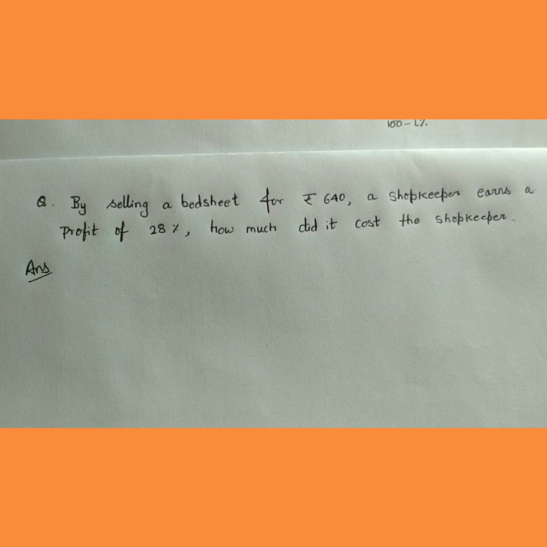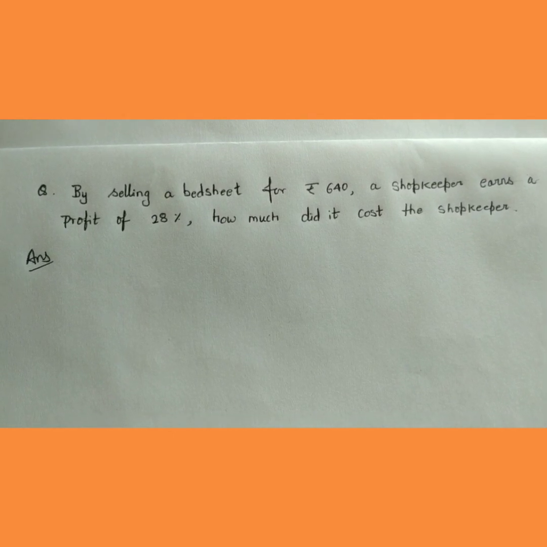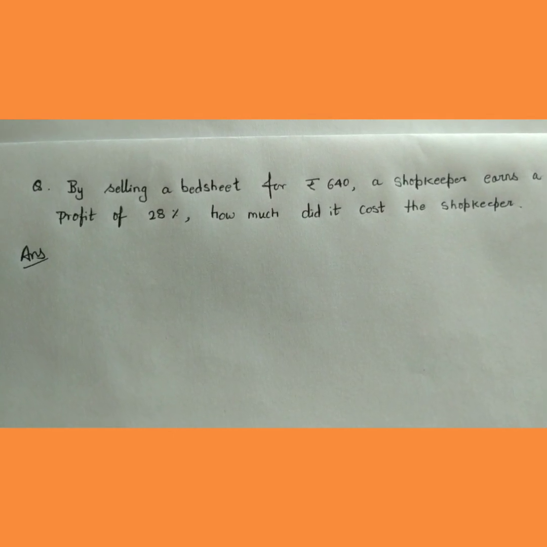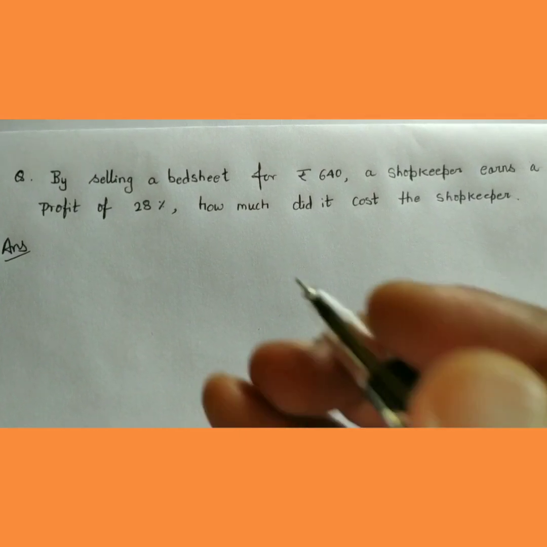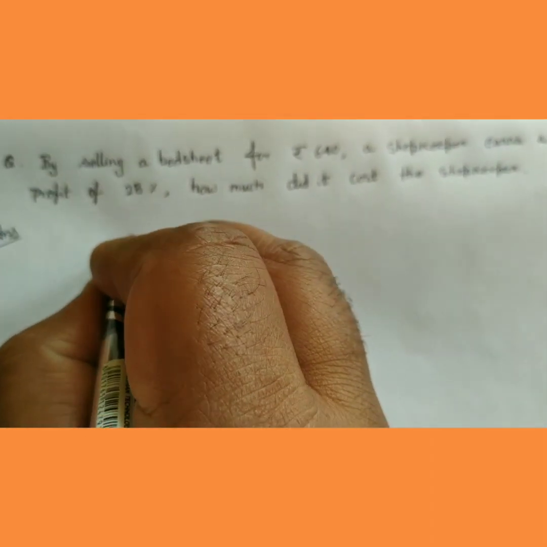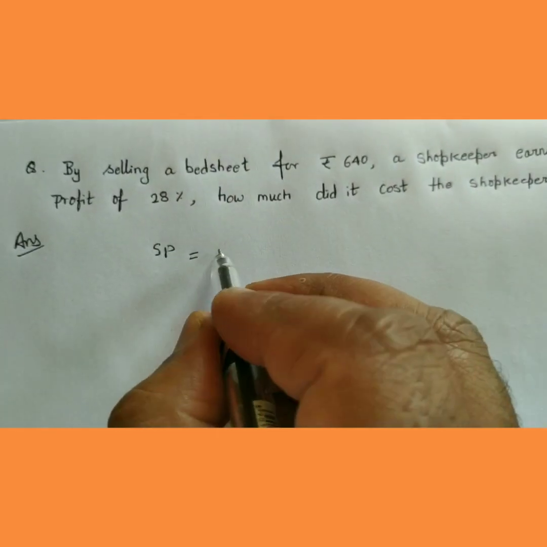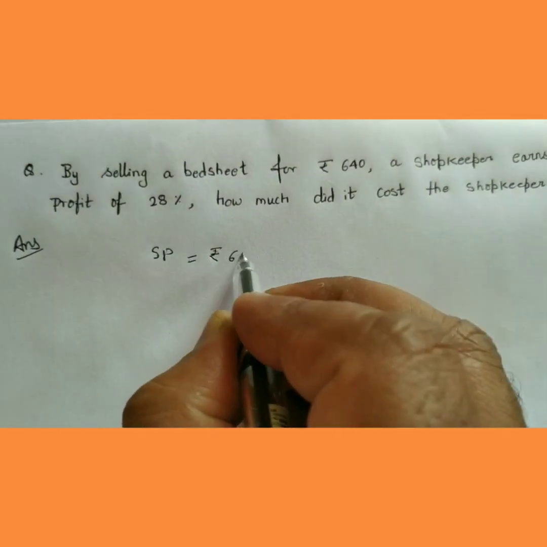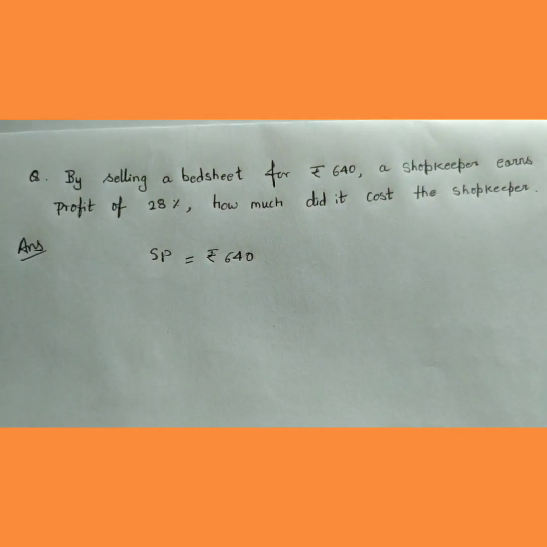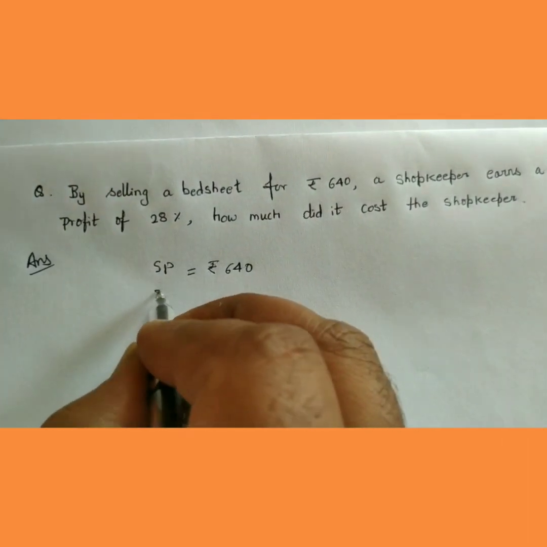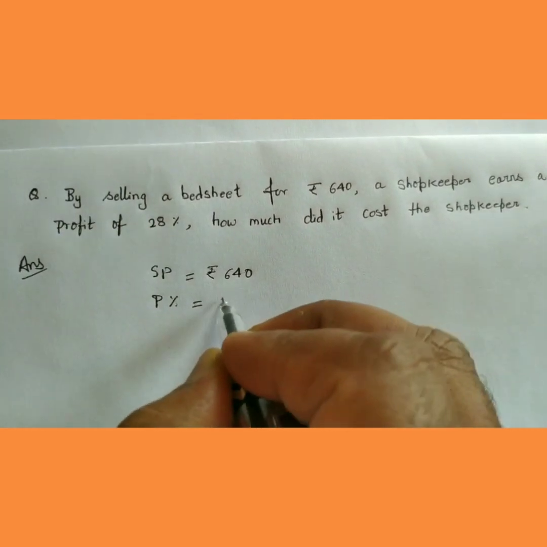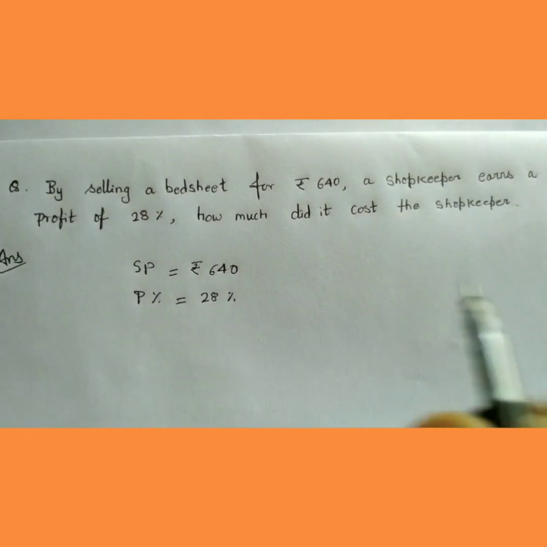Let's solve a question by applying the same formulas. By selling a bedsheet for ₹640, this means this is the selling price, here selling price is rupees 640. A shopkeeper earns a profit of 28%. Profit is given in percent, so profit percent is 28%.